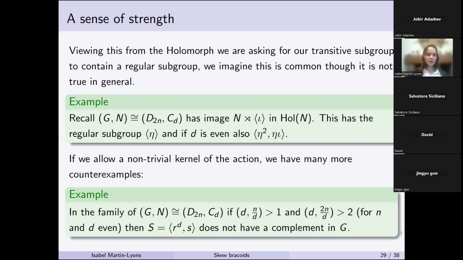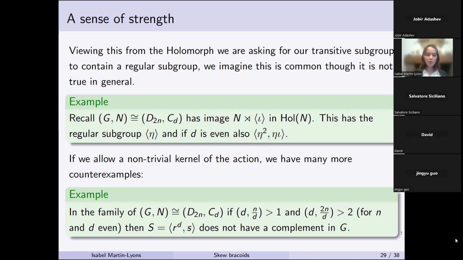If we look at our dihedral cyclic example, remember this had image the additive group semi-direct inversion in the holomorph. This always has a regular subgroup, just the whole group itself, the subgroup generated by eta. And if D is even, we could also take the subgroup generated by eta squared, eta iota.